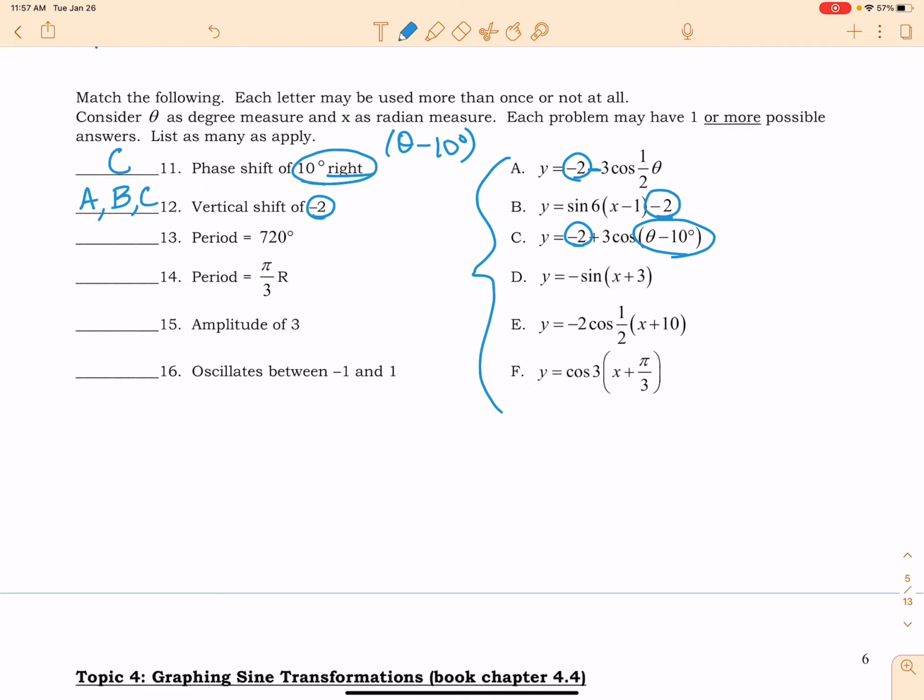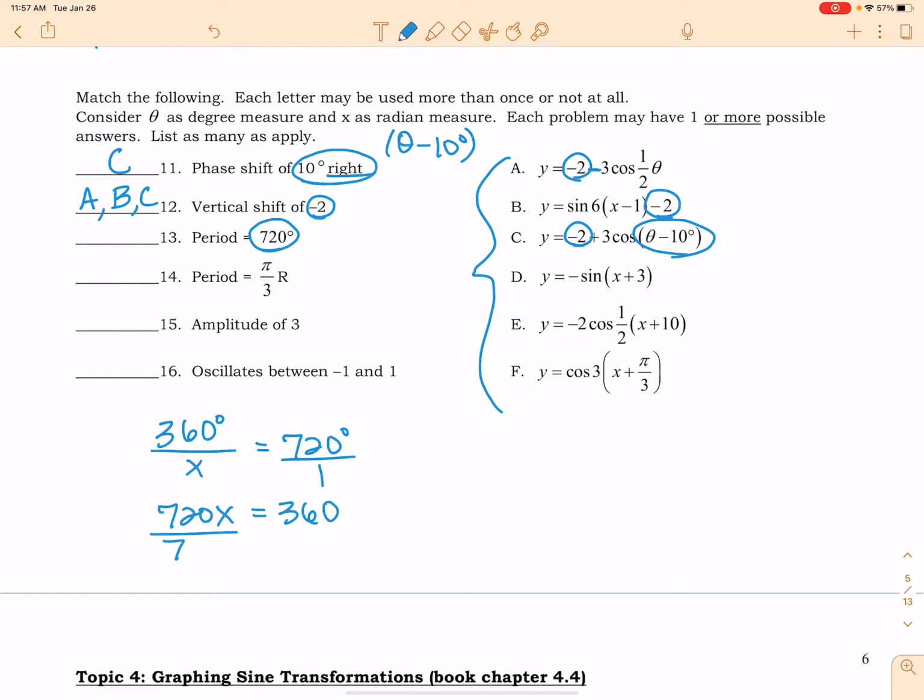All right, now we've got a period of 720. Okay, this can get a little tricky. So if we're in degrees, that means a parent function of 360 has been divided by something to give me 720 degrees. So we've got to figure out what the something is. So let's cross multiply here.